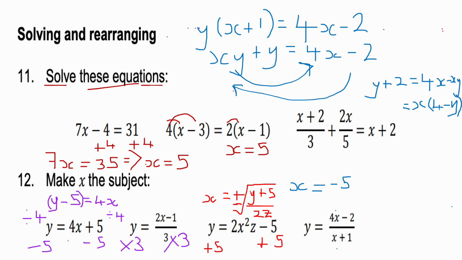On the other side, I'm going to be left with just y plus 2 still. I'm now going to divide both sides by 4 minus y, and that will get me x on its own.